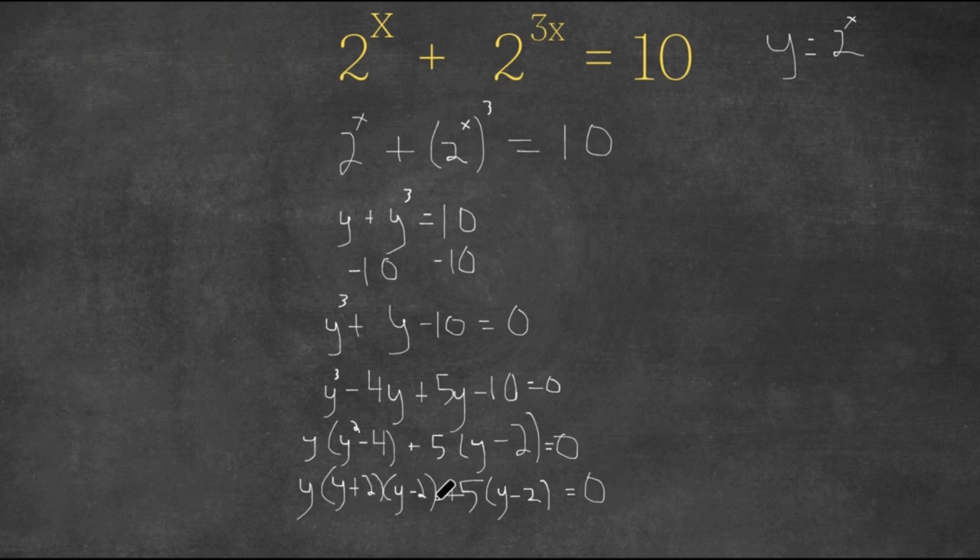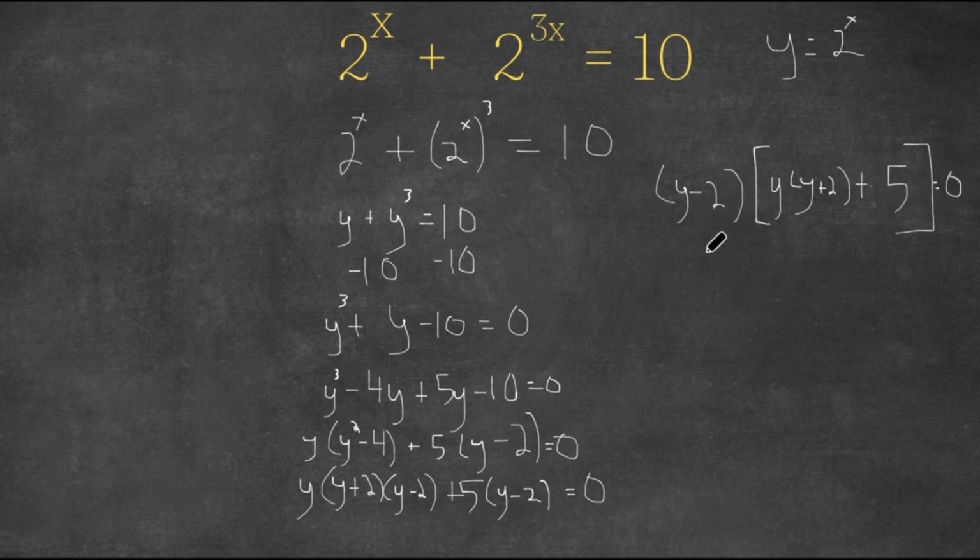And now, as you can see, since both terms have y minus 2 in them, we're going to factor out y minus 2 here. So if we factor out y minus 2, we get y times y plus 2 plus 5, and all of this still equals 0.